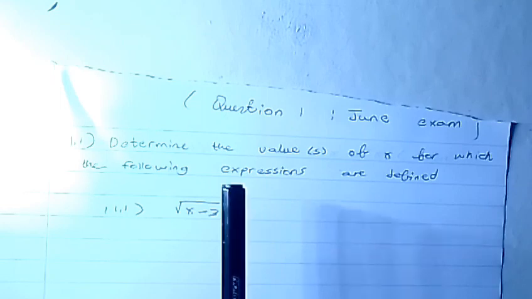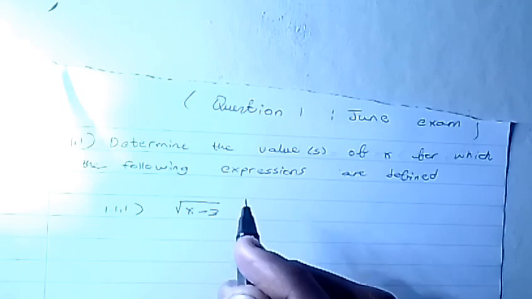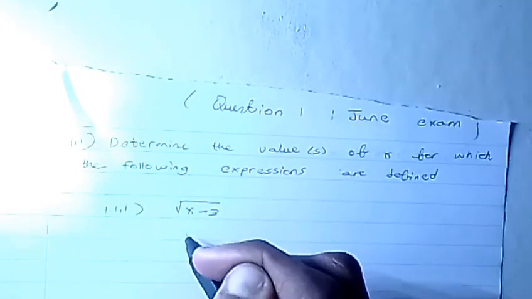Our first question asks us to determine the values of x for which the following expressions are defined. Here we have a square root, so we're going to have to remove it by putting everything to the power of 2.